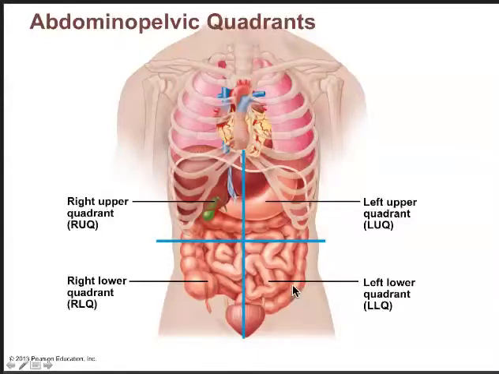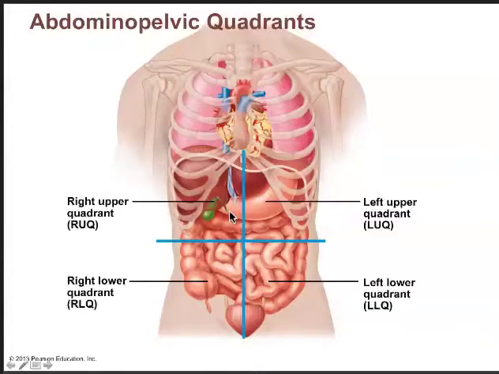And you can see beneath them there are certain important organs, and if the individual presents with pain or inflammation in these regions, the doctor can use his knowledge of anatomy to make a reasonable guess as to what might be the problem. And so you can see here in the right lower quadrant you've got the appendix, you've got the cecum and the ascending colon. Okay, in the right upper quadrant you've got the liver and gallbladder, a part of the stomach.